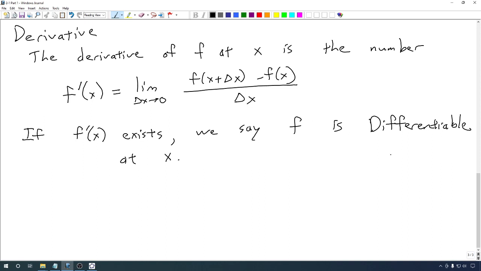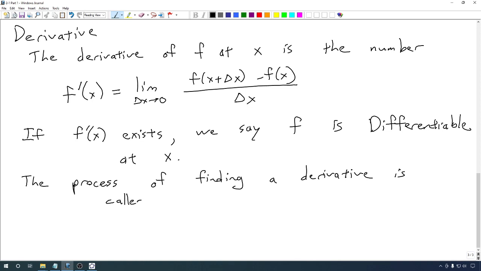We're saying it's differentiable, meaning that we can find the derivative. So the process of finding the derivative is called differentiation.